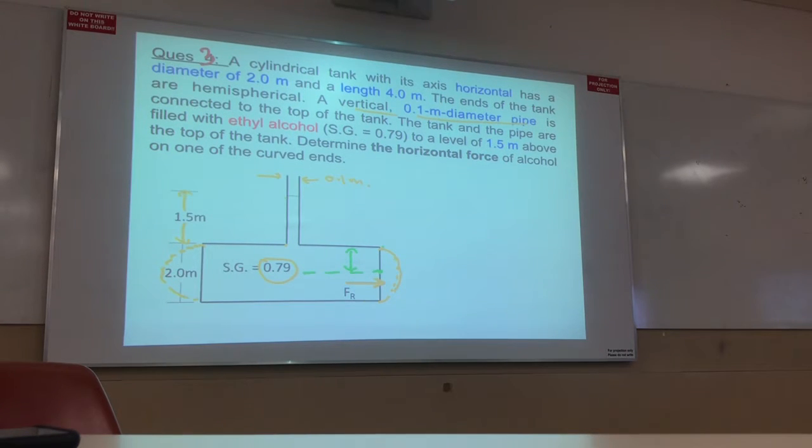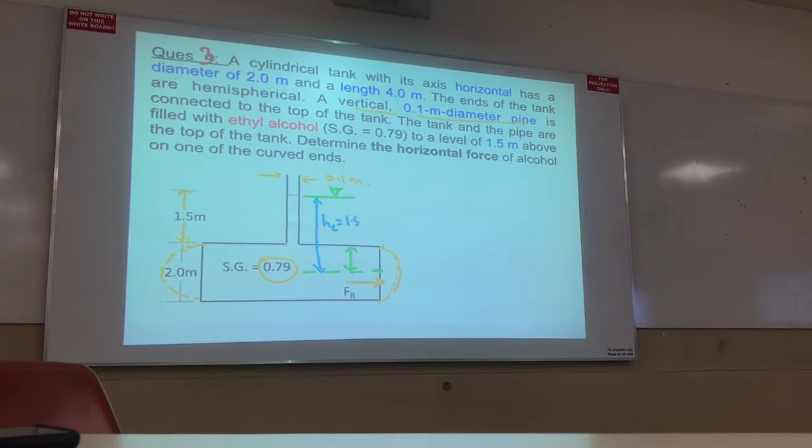What is the distance? 2 by 2? 1. Right. And you have to calculate HC from here. This is the surface. Okay, this indicates HC is equivalent to 1.5 plus 2 by 2. That means 2.5 meter. Understand?